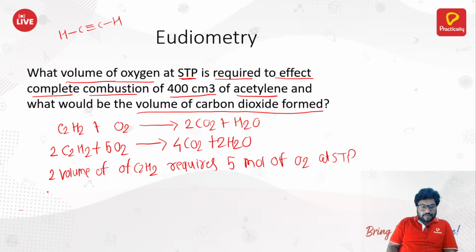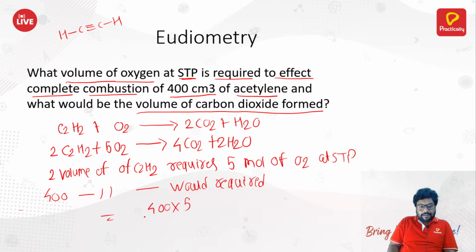Therefore 400 volumes of C2H2 would require 400 into 5 divided by 2. 2 into 2 is 4, so 200 into 5 is equal to 1000. So 1000 centimeter cube of oxygen would be required.